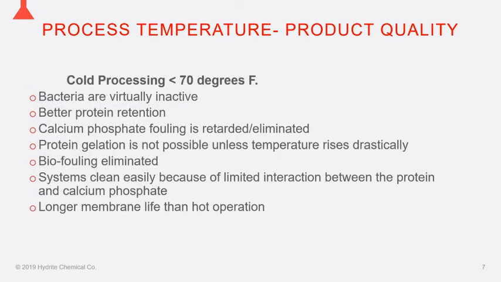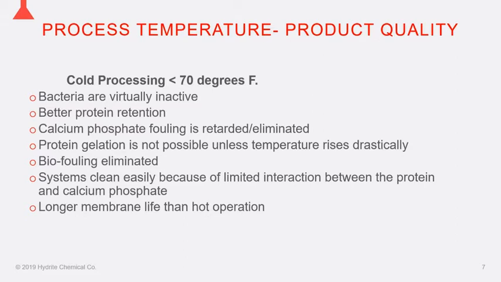Processing cold, bacteria is virtually inactive. As you get into those lower temperatures, bacteria doesn't become as big of an issue. It doesn't have the time to grow. You get better protein rejection. Calcium phosphate does not become as prevalent.